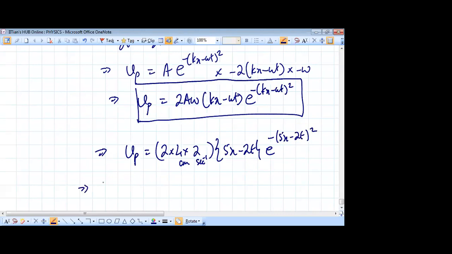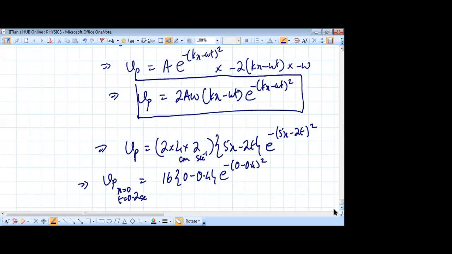Now for our particular case, we are looking at x equal to 0 at t equal to 0.2 seconds. So this will become 16 into (0 minus 0.4) into e raised to the power (0 minus 0.4) whole square. And this unit will be centimeters per second.